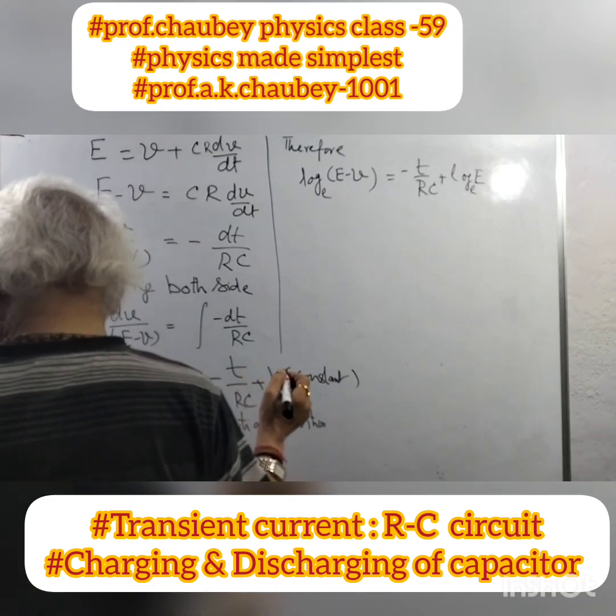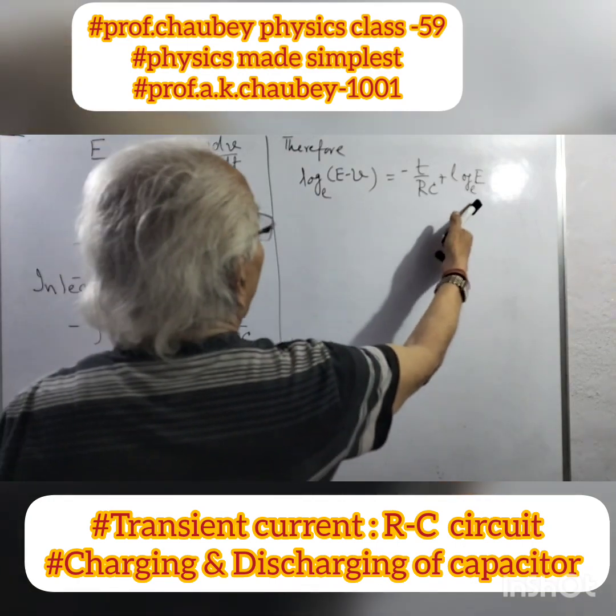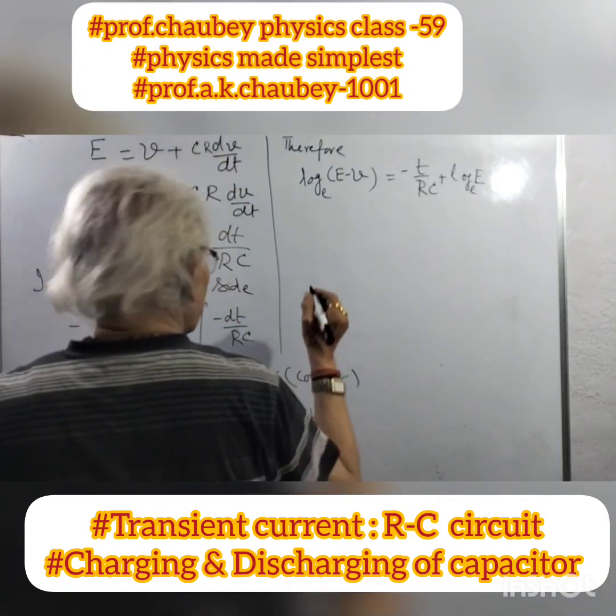Combining the constant, this you can write as log of E minus V over E.